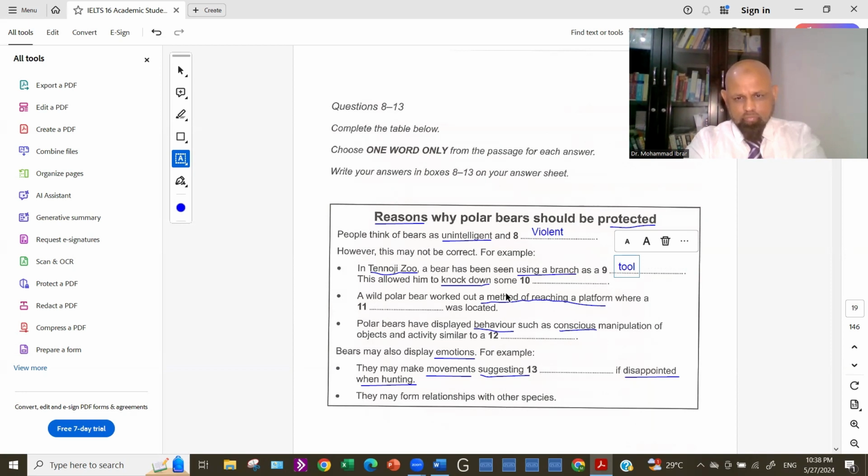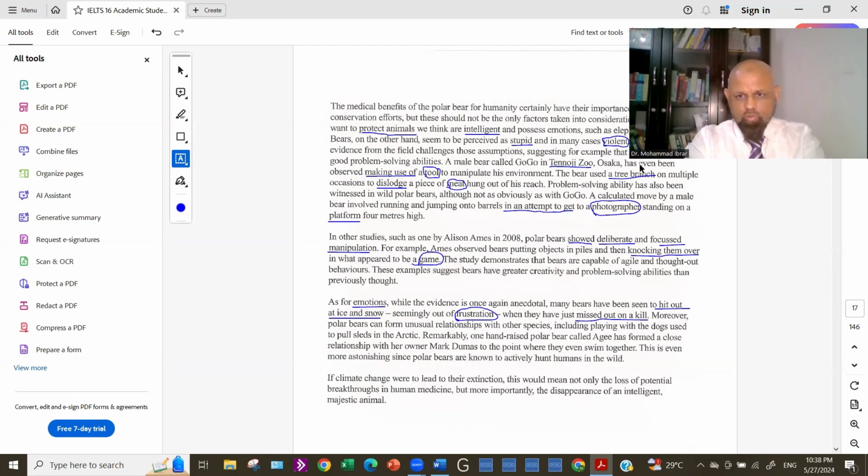And then knocked down some piece of meat. Okay, now let's go back again there. So violent, tool, meat, photographer, game, frustration.